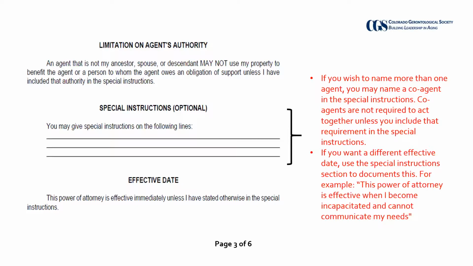So the two of you would have to check in to talk about what's happening with the medical and finances, to make sure that you coordinate and you understand what's going on and how finances and medical is impacting each other. So that's what I would recommend about that level of detail in the special instructions.